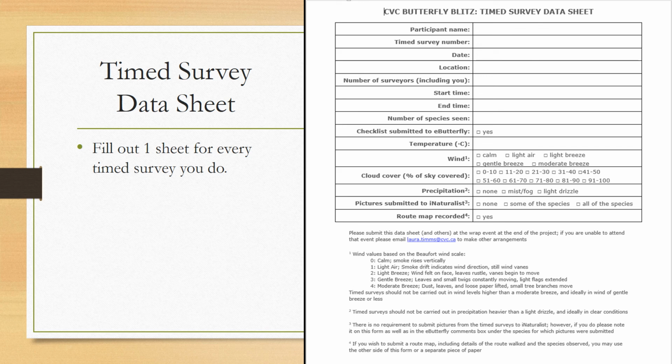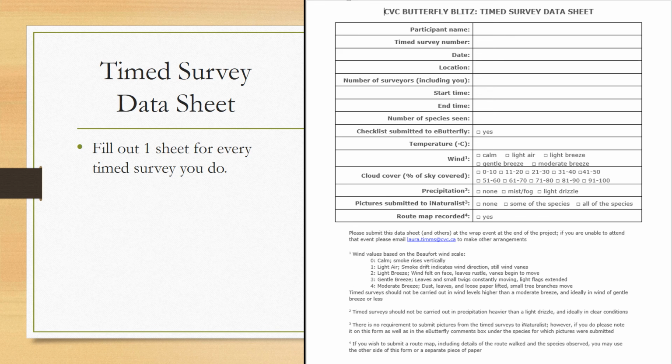In the wind box here, of course, there are different weather patterns that are great for butterflies and some that are not so great for butterflies. So cataloging the weather a little bit is really helpful. And this is really done a little bit intuitively. So when you're looking at the wind here, there's calm, light air, light breeze, gentle breeze, moderate breeze.